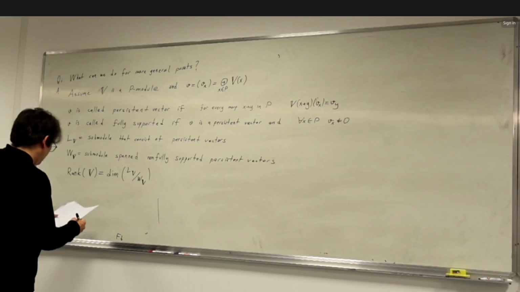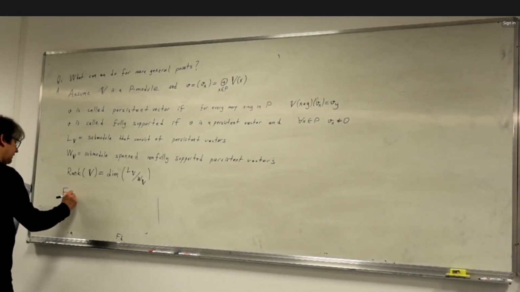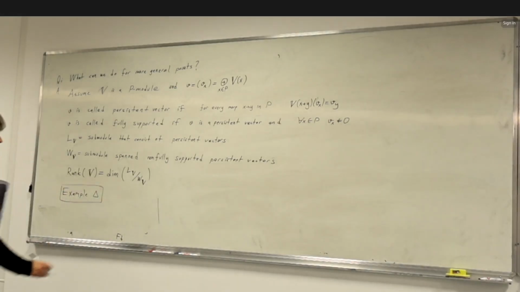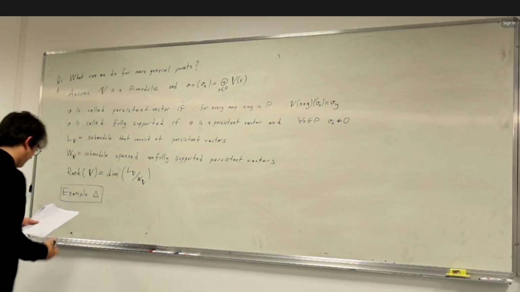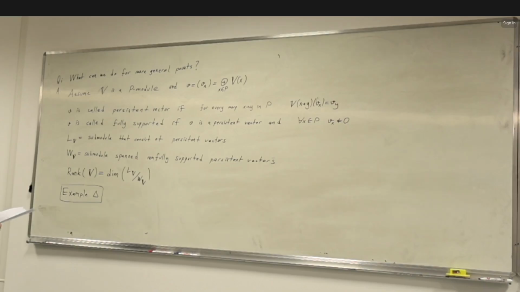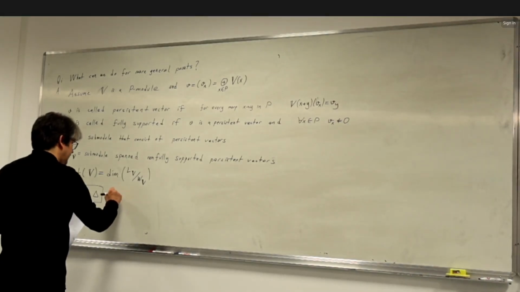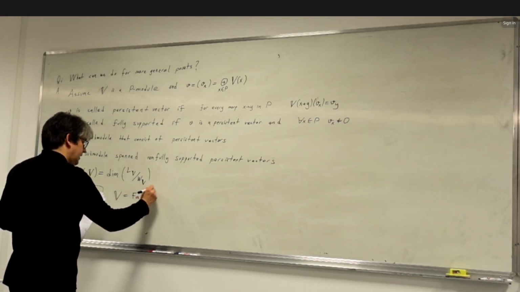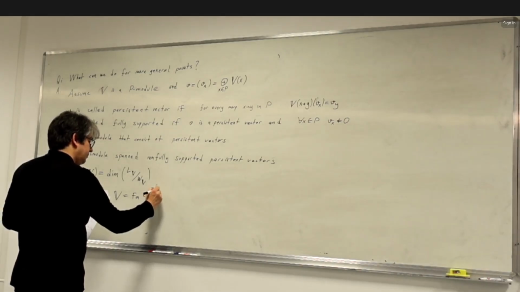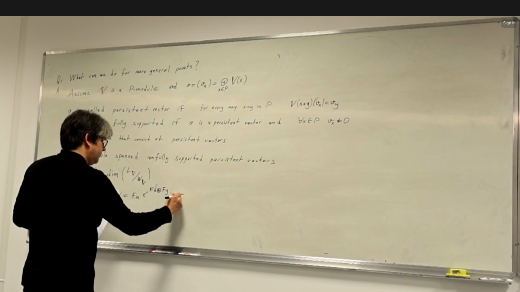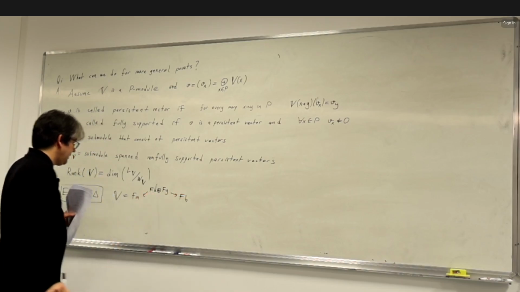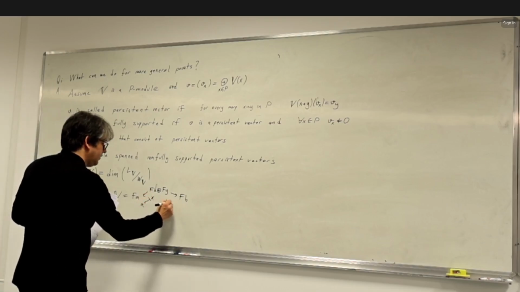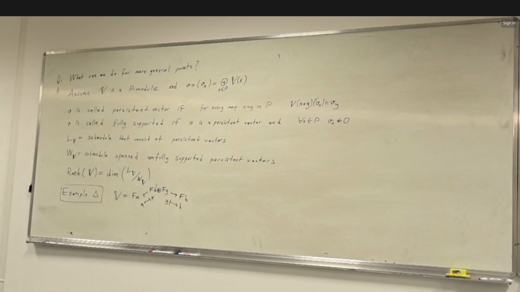Okay, so now back to example triangle. So what is the rank of V? Well, here V was actually equal to F_A, F_x plus F_y to F_B. Now, x was going to A here, and y was going to B. The rest is going to 0.